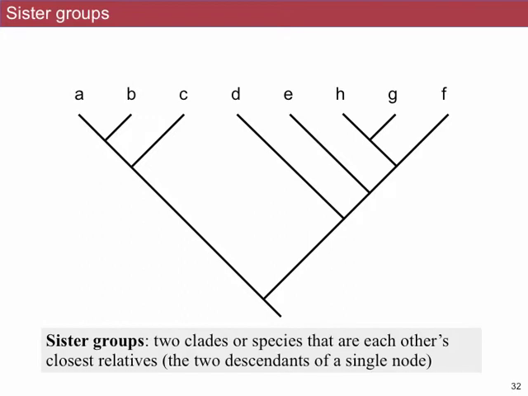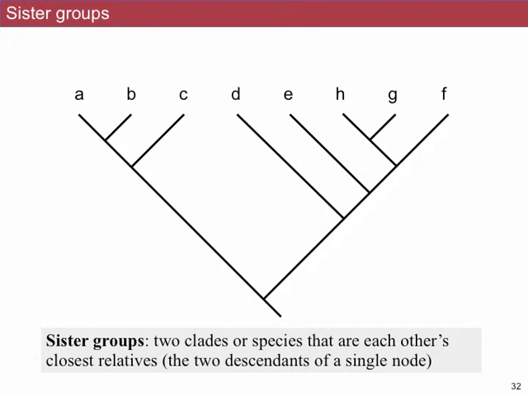So what are sister groups? Two clades, or one taxon and a major group of organisms, or two individual taxa that are each other's closest relatives in the phylogenetic context that you're looking at. In other words, they are the descendants of a single node.